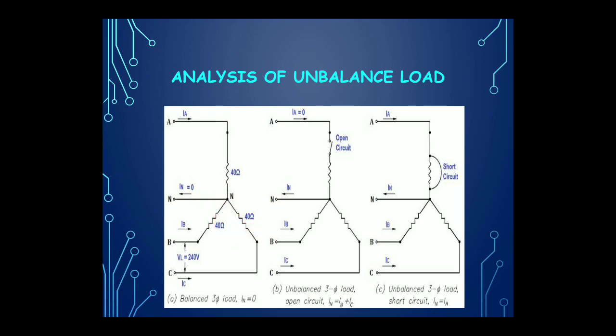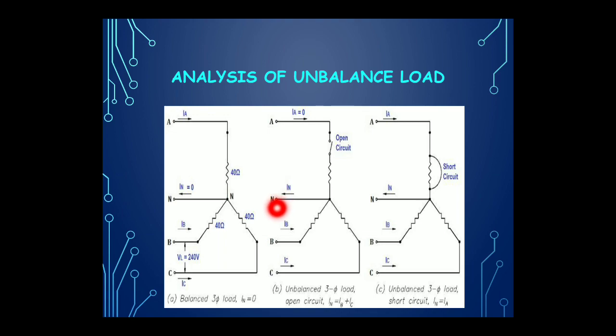Okay, in the second circuit we can see here the A phase is open, that means it is unbalanced. Why? Because the load impedance is 0 at that time. At that time the value of this resistance or impedance is 0. So IA, the A phase current, is also 0. So a current will flow through the neutral path.